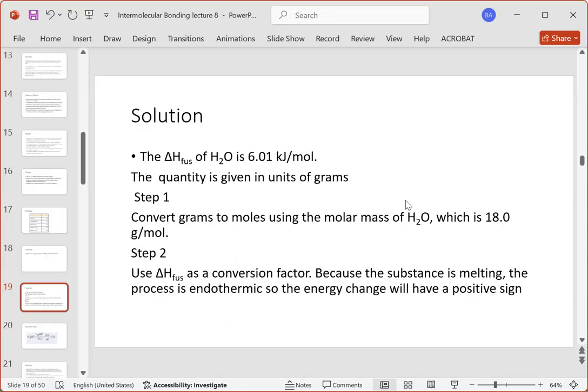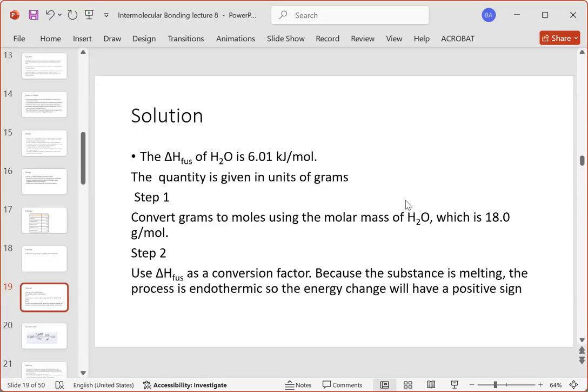Hydrogen is 2 grams per mole and oxygen is 16 grams per mole. You get it from the periodic table, and when you add them together, you have 18 grams per mole. Delta H fusion then serves as a conversion factor.